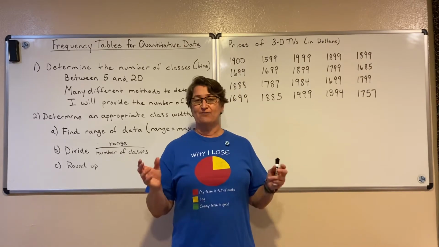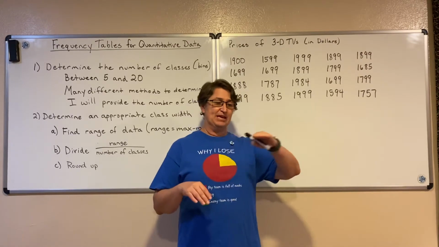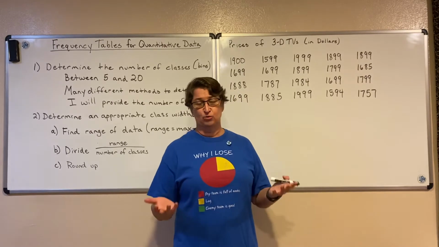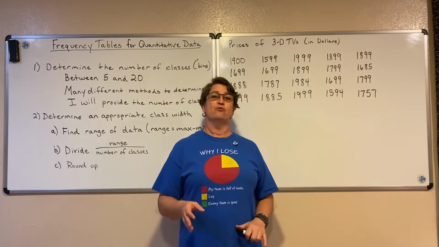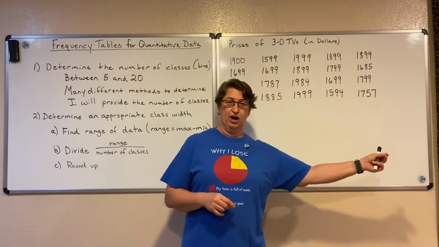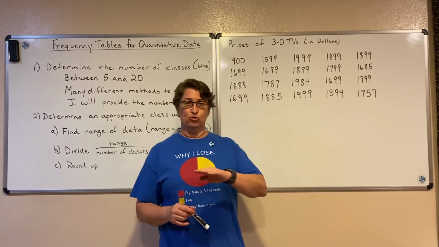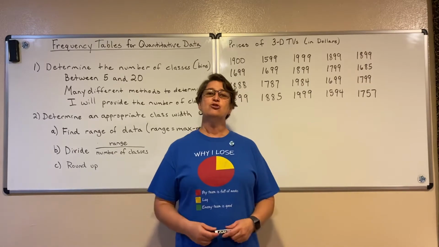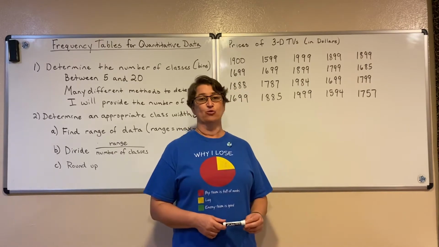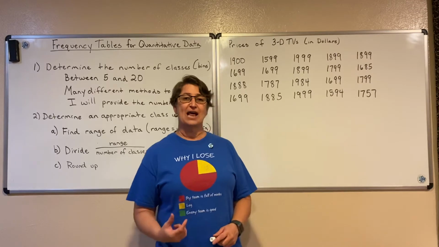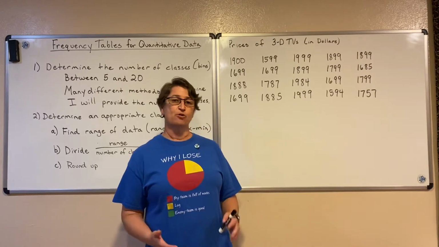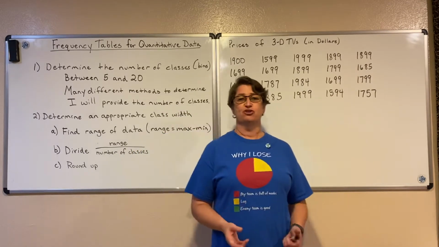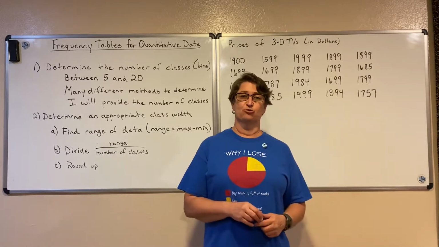Just having 5 classes may be even all the way across, and that doesn't show us anything about the data. But if we have 20 different pieces or categories, it may just show one in every category. That doesn't help us either. So we're trying to look for some sort of pattern within it. We need to make sure that the number of classes or categories that we have helps us to see those patterns.